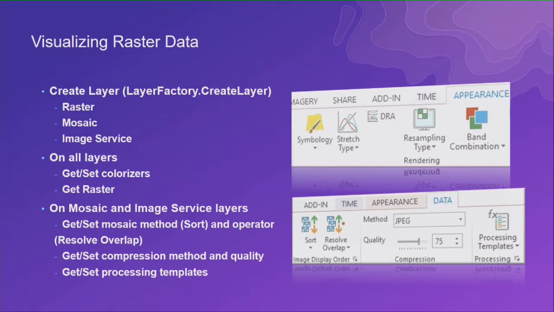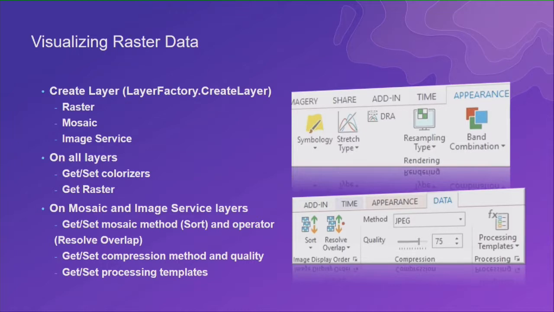You can create layers from 3 different kinds of raster data. An image on disk or in a geodatabase, which results in a raster layer. A mosaic dataset, which is our data management model for managing collections of imagery, which results in a mosaic layer. And an image service from your ArcGIS Server, which results in an image service layer.